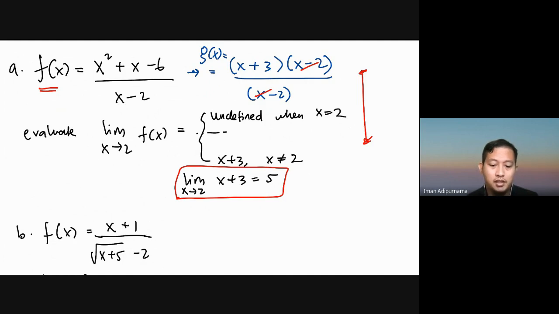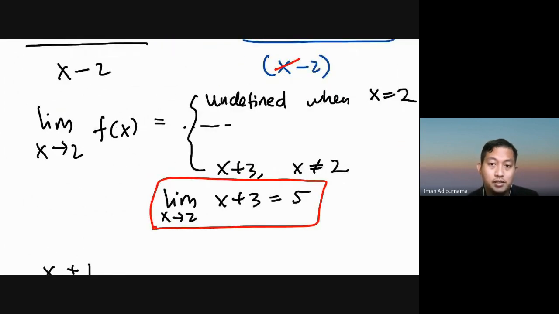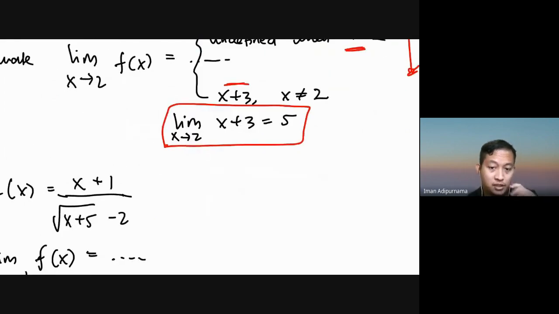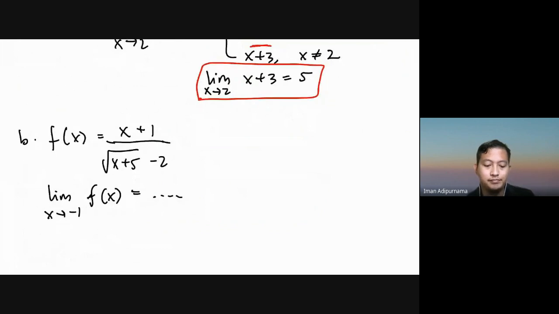That is okay. But if you're thinking about the function and how the process is, this is actually a piecewise function here. It can be undefined when x equals 2, right? It can be x plus 3 when x is not equal to 2.